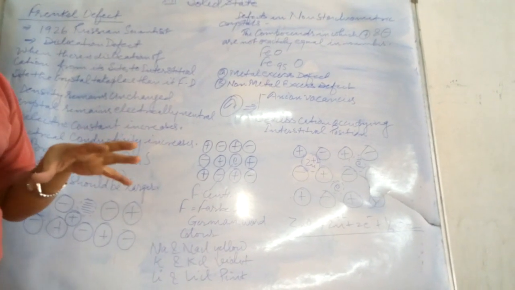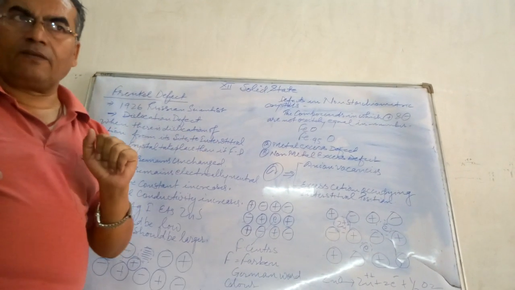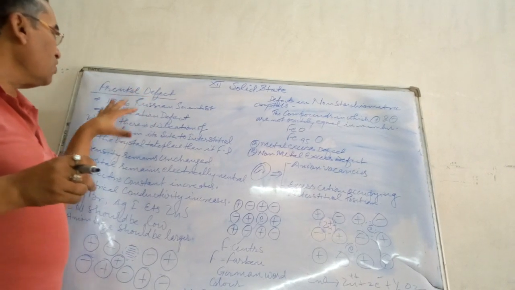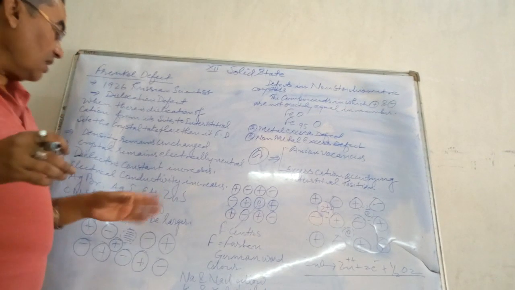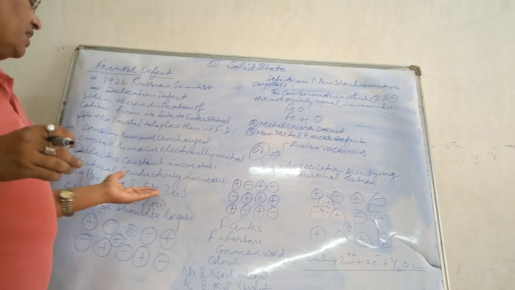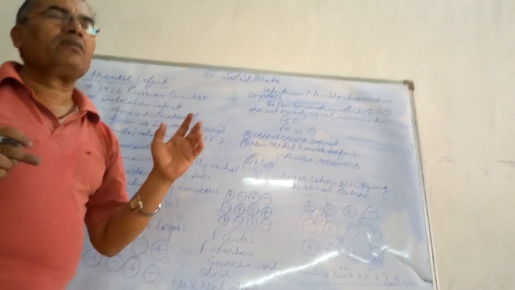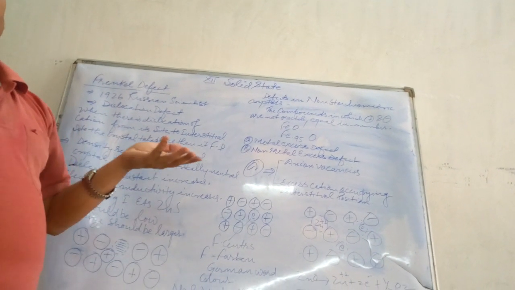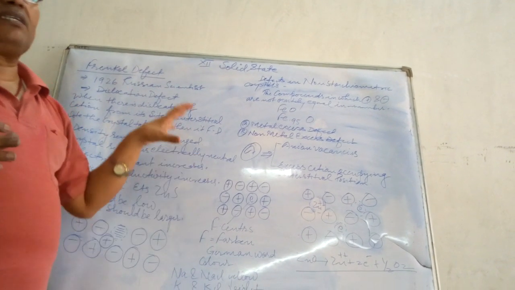Here in Frenkel defect, the size of the anion should be larger than the size of the cation. The coordination number in Schottky defect was higher, but in Frenkel defect the coordination number is low. Examples: silver bromide, silver iodide, zinc sulfide. In Schottky defect, very simply: potassium chloride, sodium chloride. These are the common crystals. So I think I have given the comparison and detailed discussion of Frenkel defect and Schottky defect.